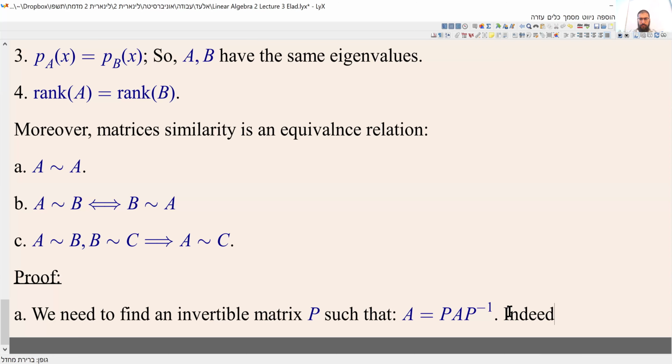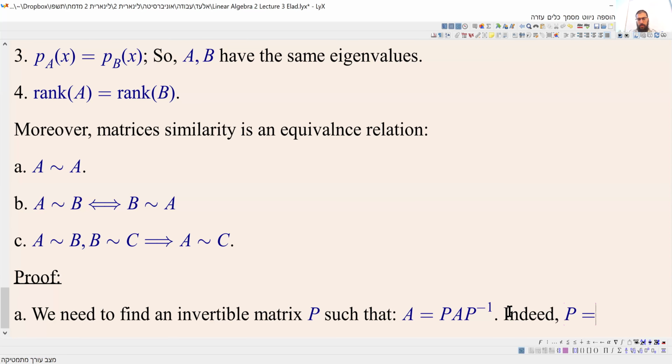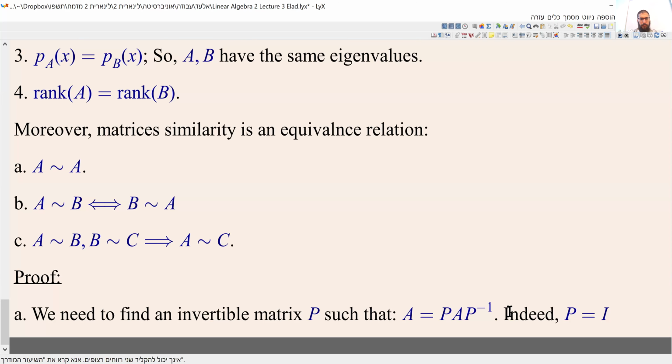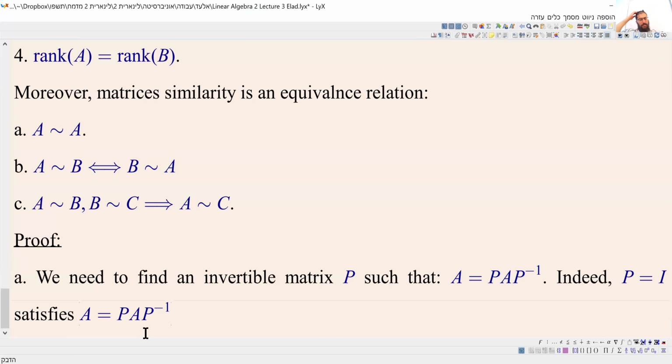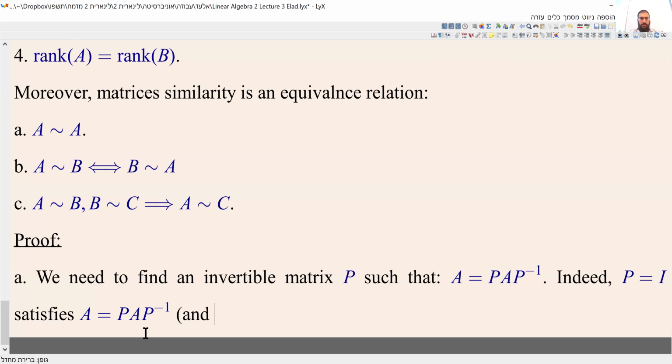Indeed, P equals I does the job. It satisfies A is I A I minus 1, and I is invertible. So that's A, probably the easiest one.